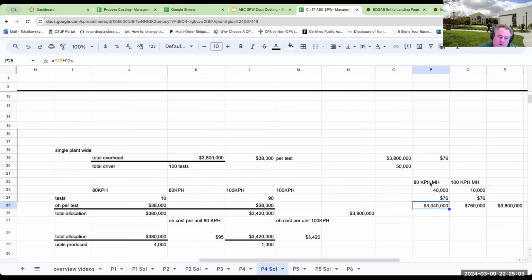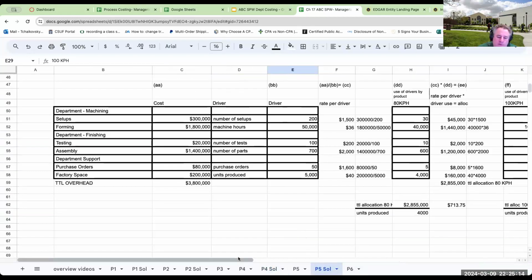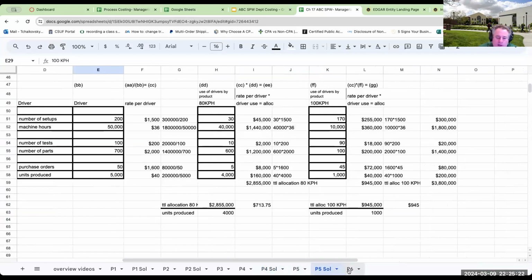If I compare using this allocation right over here of 3,040,000 to 760, believe it or not, we got over here using ABC 2,855,000, and over here we had 945,000.